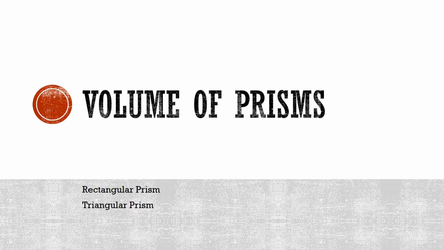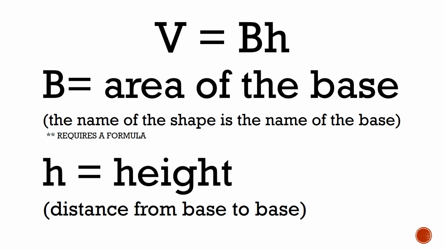So volume of prisms. Remember, to calculate volume of prisms, we have two different prisms that we're describing, rectangular prism and triangular prism. So here's the formula for volume of prisms. Volume equals area of the base times the height. Remember, your big B is the area of the base.